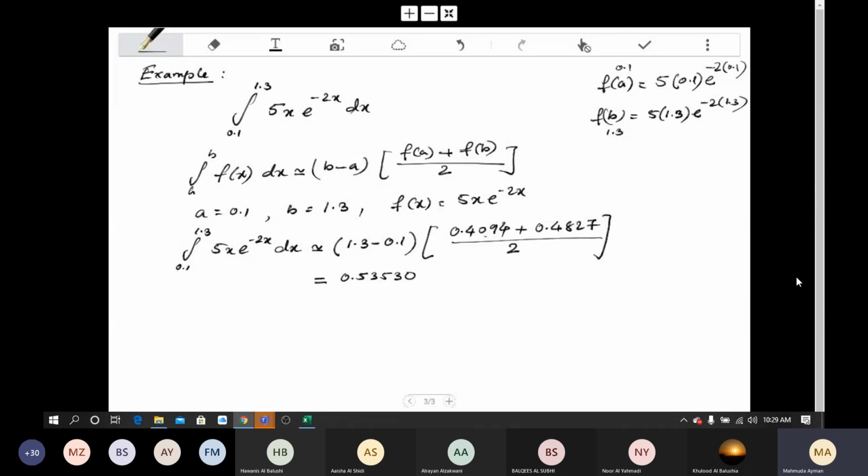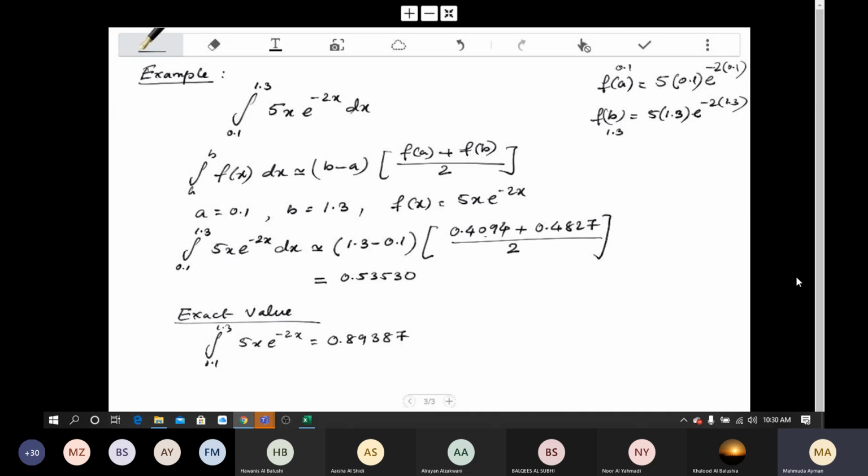Now I'll give you the exact value of this integral. So the exact value of this integral, which is from 0.1 to 1.3 of 5x e to the power minus 2x, is equal to 0.89387, right?